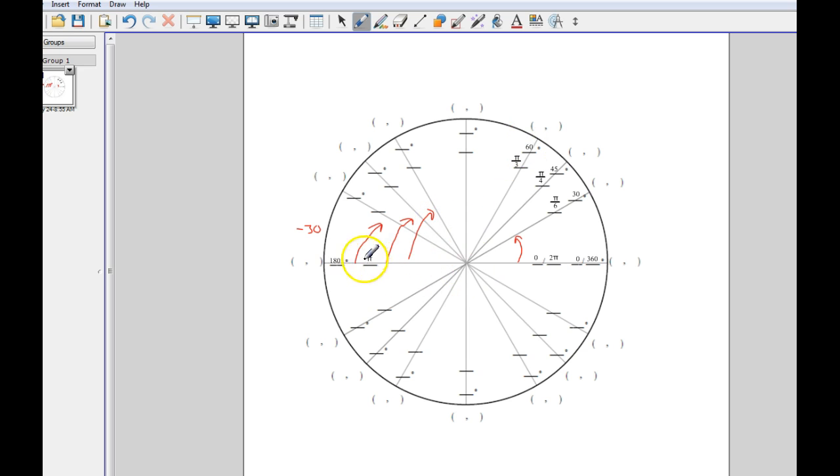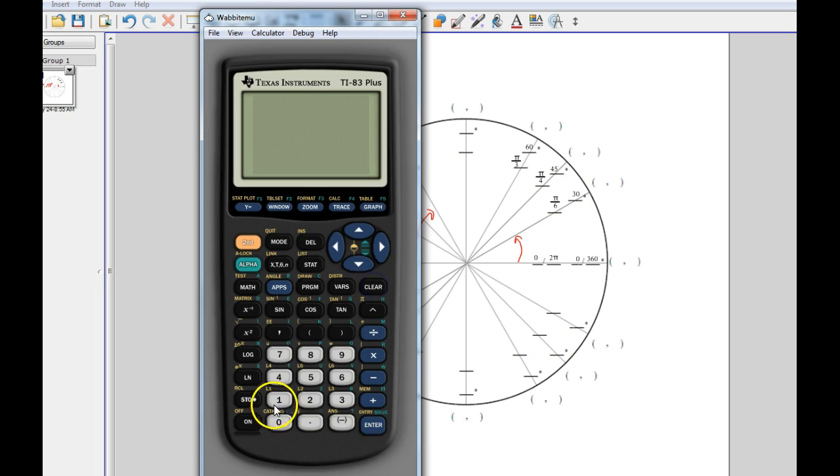All right? But likewise, I'm also doing the same thing to pi with these numbers. So pi minus pi over 6. Remember, I can use my calculator. 1 pi minus 1 pi over 6. I just write it like that. Change it back to a fraction. That's 5 pi over 6.